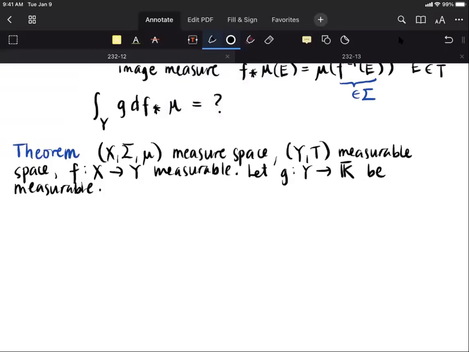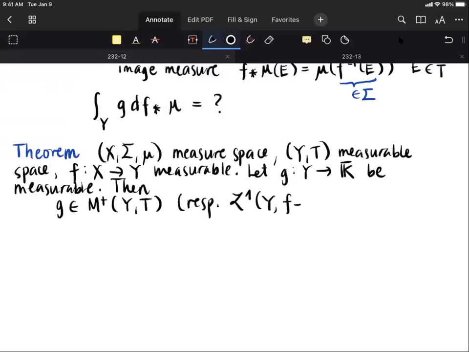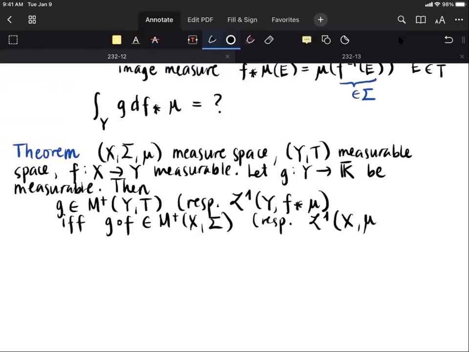Now, g is a non-negative measurable function on Y, respectively an integrable function on Y with respect to the image measure, if and only if the composition g∘f is measurable in X with respect to the sigma algebra sigma, respectively integrable with respect to the measure mu.